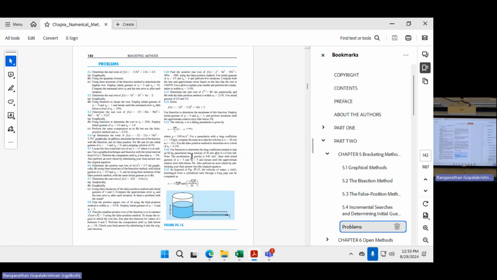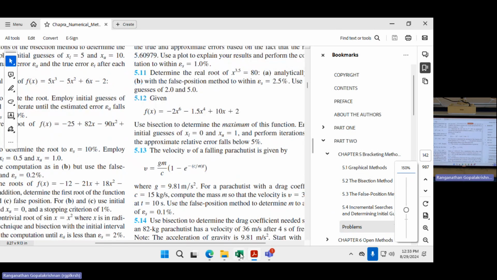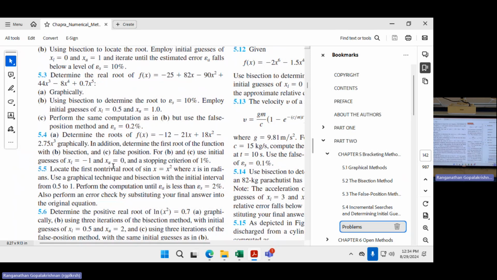Let's say we pick problem 5.4. This polynomial is our function. You'll need to first do a graph of this and then use the bisection method.